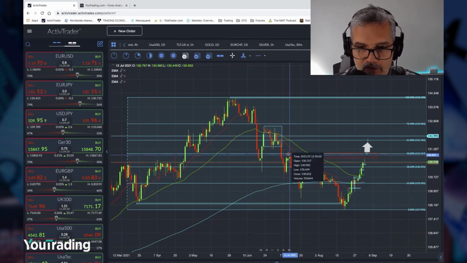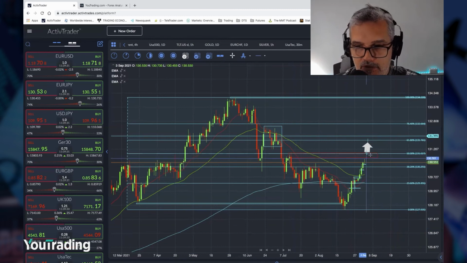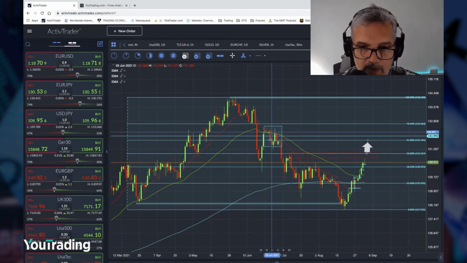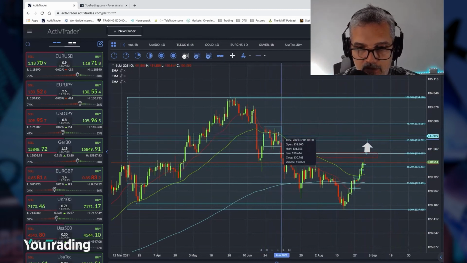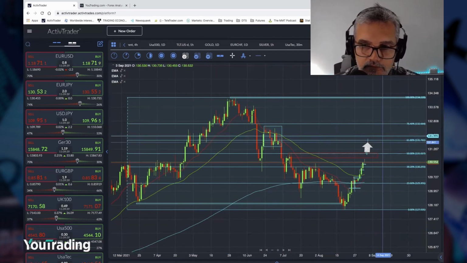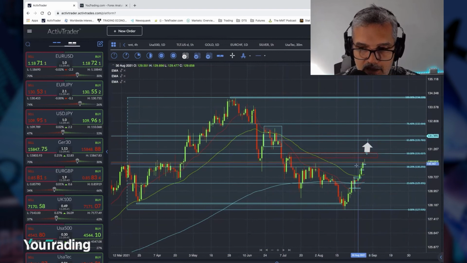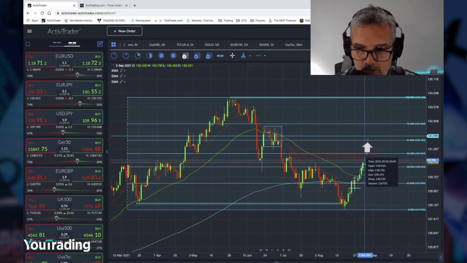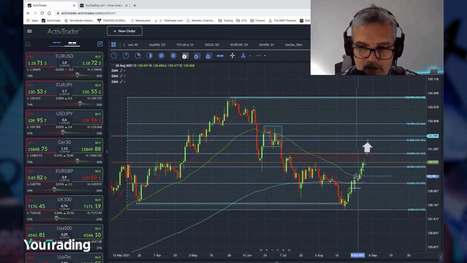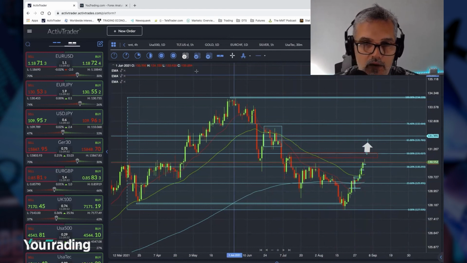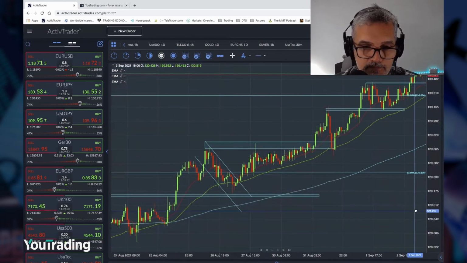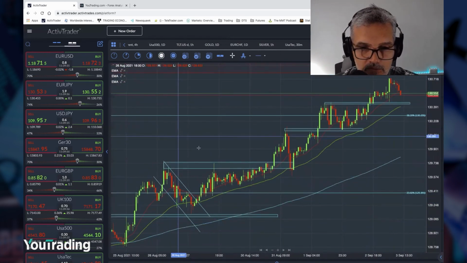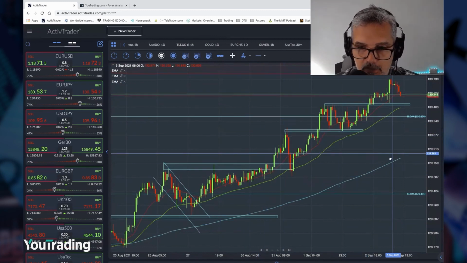But if that 50% retracement isn't deep enough and they want to get back into this volume area here, then the 61.8 might be it. So those are the targets, and that's why I'm not suggesting that we take a long right now on the euro versus the yen. We should have been long at the break of this 50 period moving average here on the 1 hour time frame, doing this breakout retest continuation, stair stepping higher.